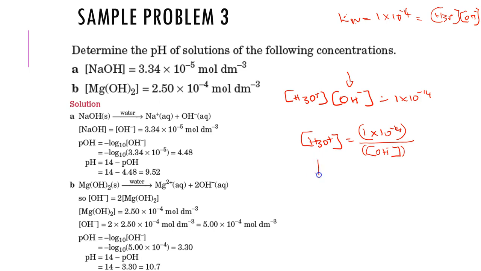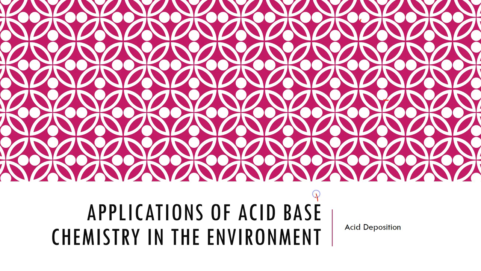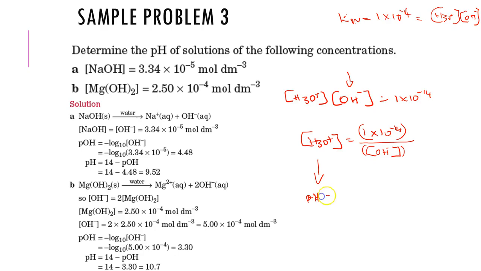Then from there I can input this value into the pH is equal to negative log to base 10 of the concentration of H3O+.